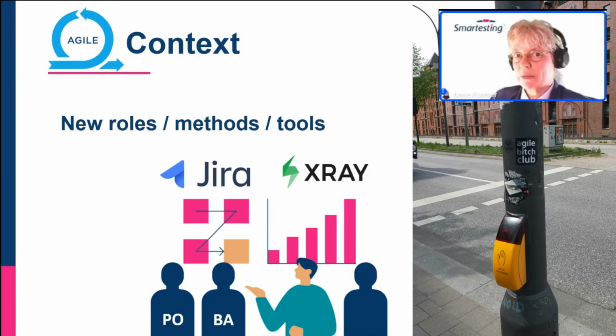We have new methods. For example, we play planning poker now to do the effort estimation. And we have methods like behavior-driven development, acceptance test-driven development. We have quite a lot of automation. That's also something that's very important in Agile. And what is really extremely important, and I haven't listed it here, but because it's the topic of my talk, that's collaboration.